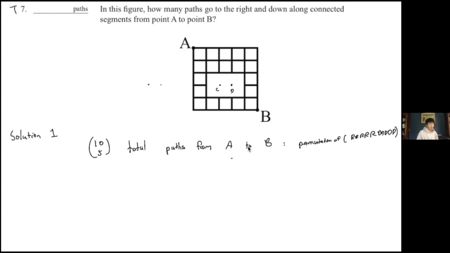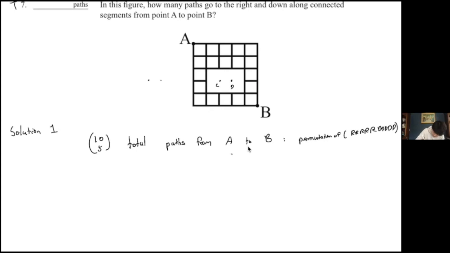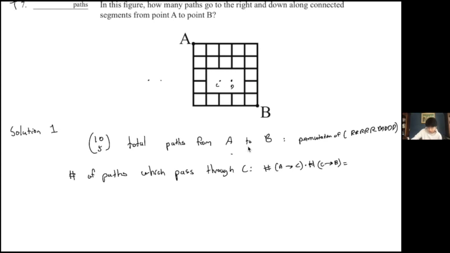We can calculate that by figuring out how many paths go through C or D. The number of paths which pass through C is the number of paths from A to C times the number of paths from C to B. Getting from A to C is a permutation of right, right, down, down, down, so there's 10 of those.